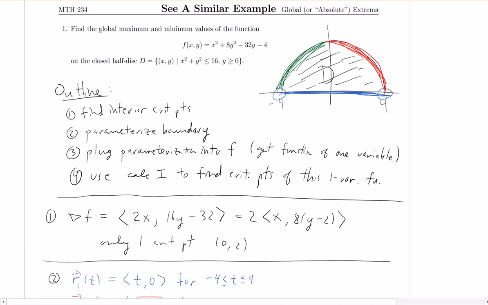So technically we should plug those 2 points in as well and try them. And likewise, on the red and green segment, this was a boundary component, since that's where each of our parameterizations ended. So really, we should try those points as well and give them a shot at being the maximum or minimum.